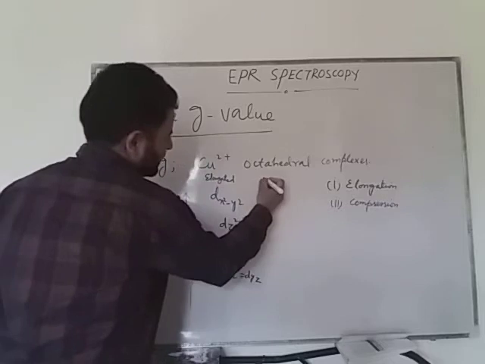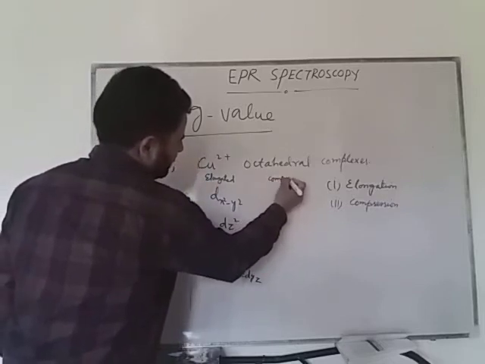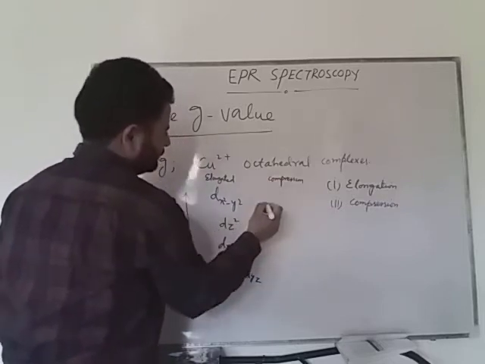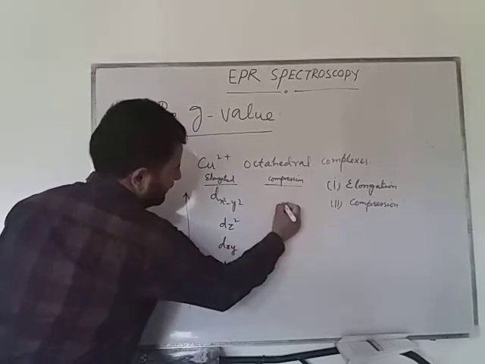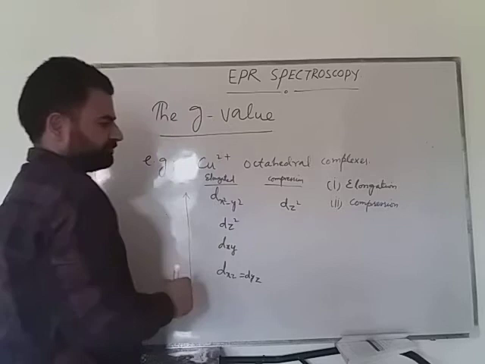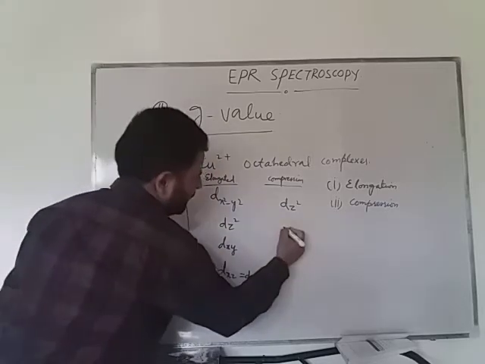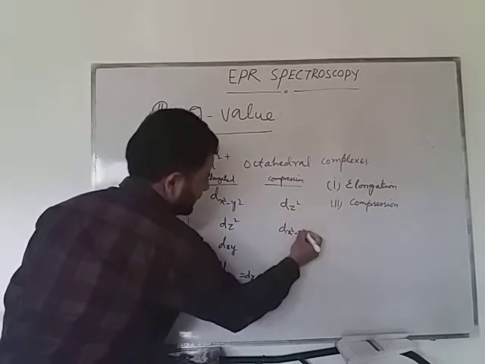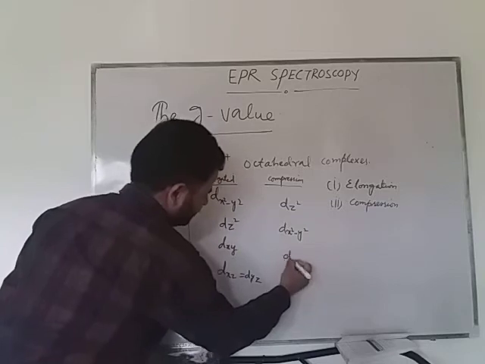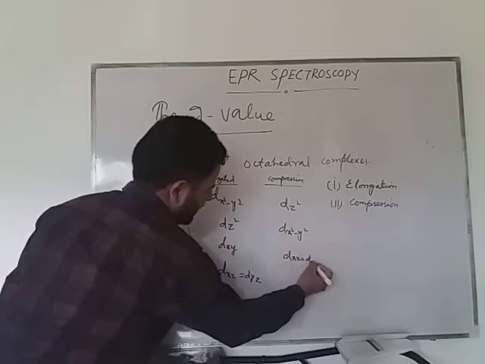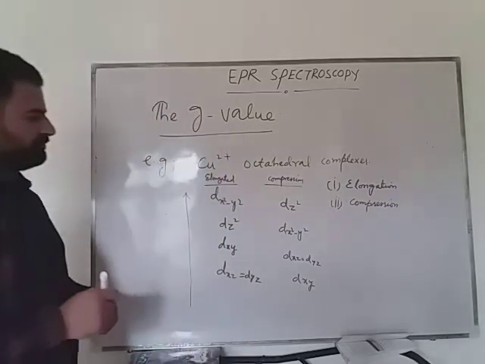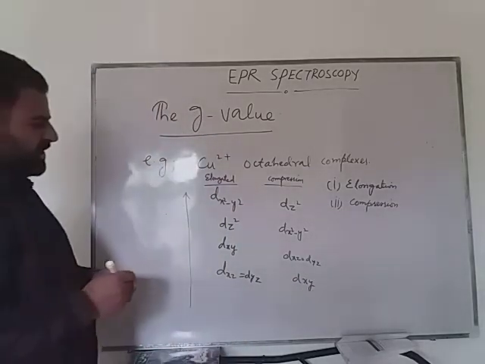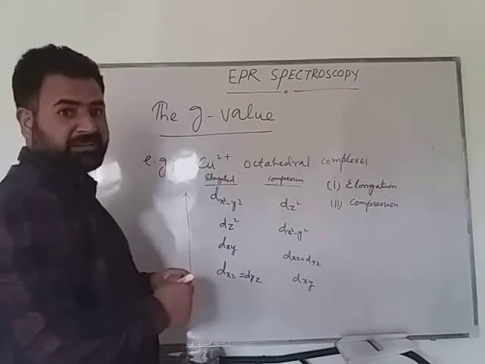But in case of compression, what will happen? In case of compression, dz square will be highest in energy, followed by dx square minus y square, followed by dxz equal to dyz, and followed by dxy. Now we will see how the electrons will be filled in these.